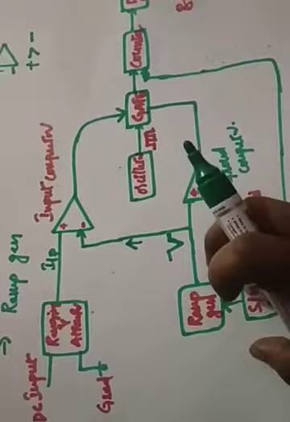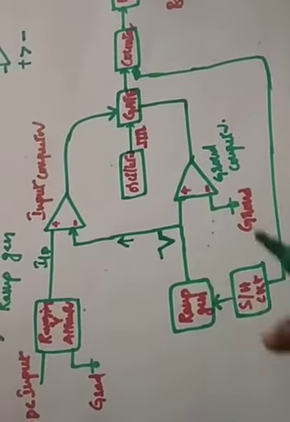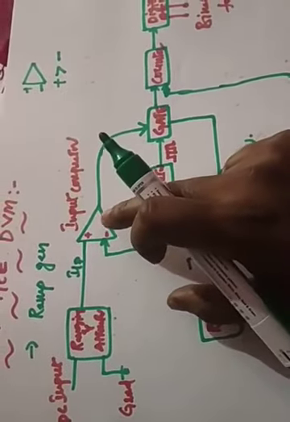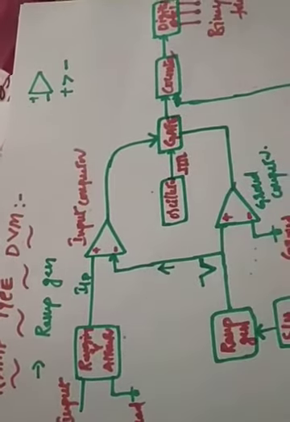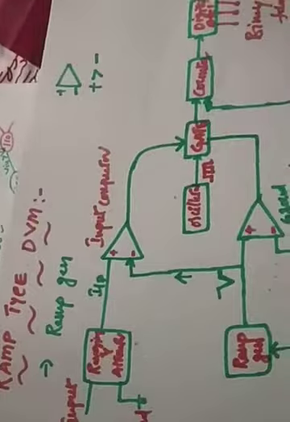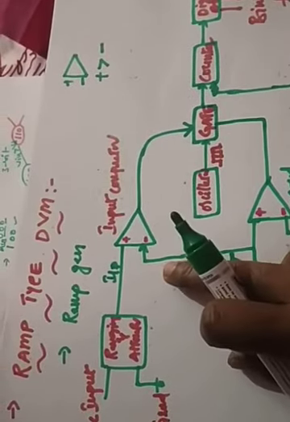Because you are generating a ramp signal. Right. So the one end of input, that is called the negative end, is connected to the ramp generator. Right. So when the input comparator will work, definitely the input signal must be greater than the ramp signal, and then only this comparator will work.